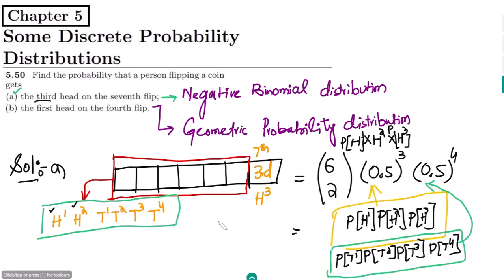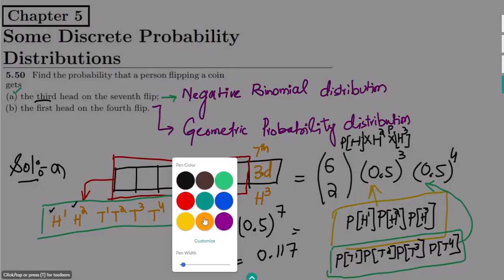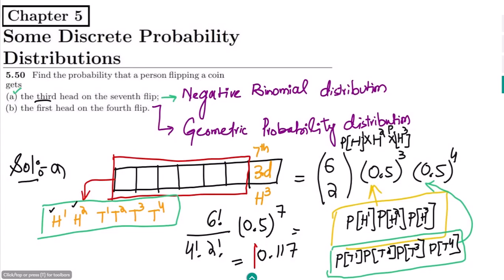Let me solve it: 6 factorial divided by 4 factorial multiplied by 2 factorial, times 0.5 raised to the power 7. Ultimately the answer is 0.117, and that is the solution of part A of my question.